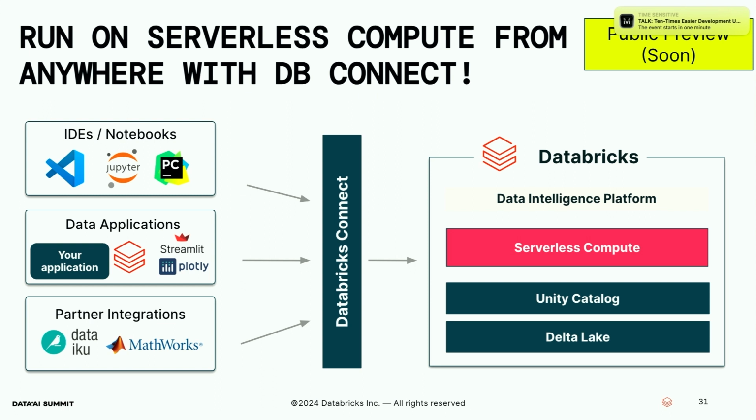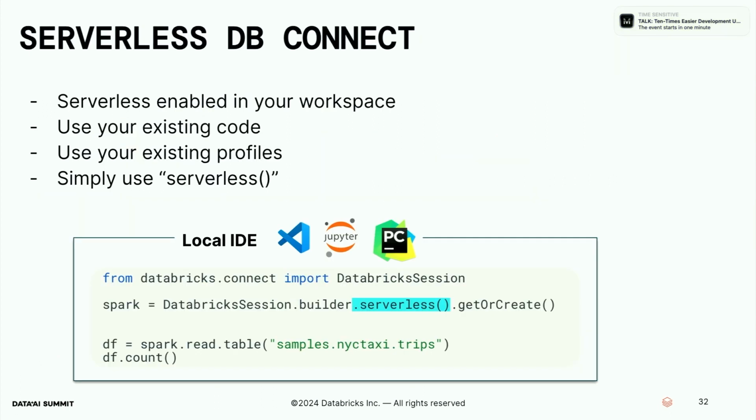So how can I do it? Very easy. You first enable serverless compute in your workspace. You update your client side, or your local machine, to the latest version, which is enabled for serverless compute. And you just update the API in your code when you're creating the Spark session, as you can see marked in blue, to ensure that you're connecting to serverless compute instead of a classic cluster.